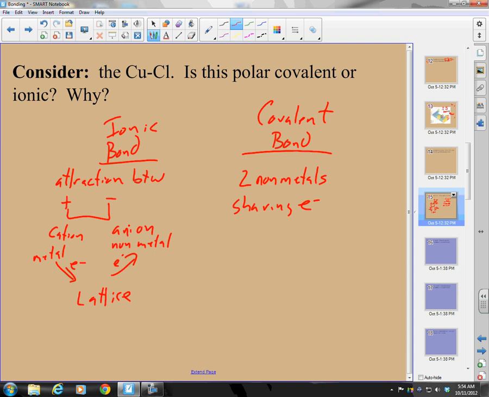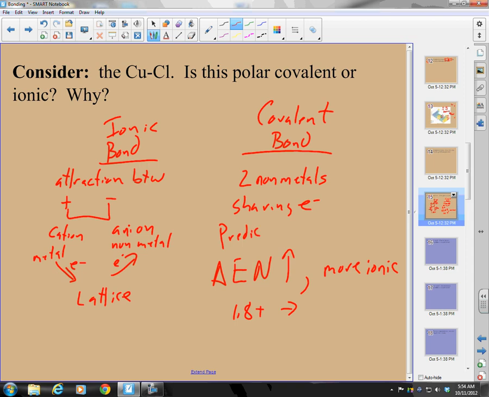And then we said that, hey, we could start to predict these, using the difference in electronegativity. The greater the difference in electronegativity, the higher the delta EN, the more ionic the bond is. So when I have a number like 1.8 and higher, now remember, this is for a prediction.